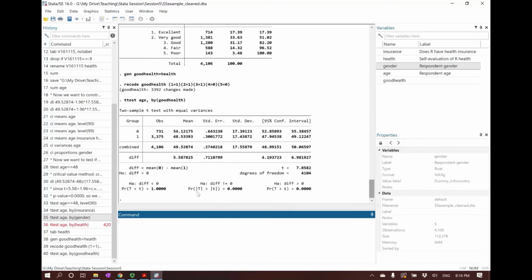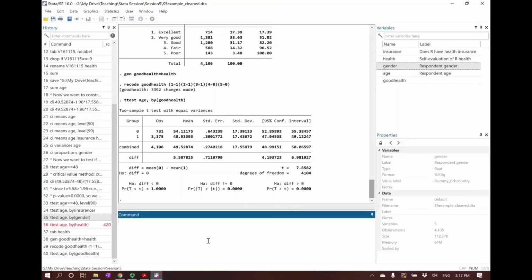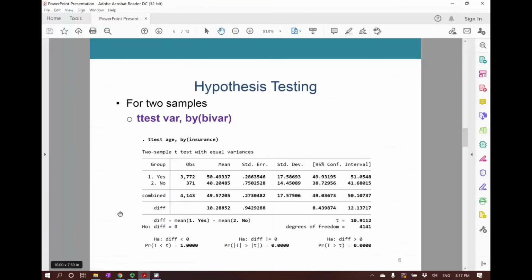If you test that hypothesis, the mean age for those who do not evaluate themselves with good health is around 45, and the other group is around 48, right? So 54 and 48. The p-value is actually 0. This means that the mean age is statistically and significantly different across the two groups, good health and no good health. Okay, so that is hypothesis testing for 2 samples.